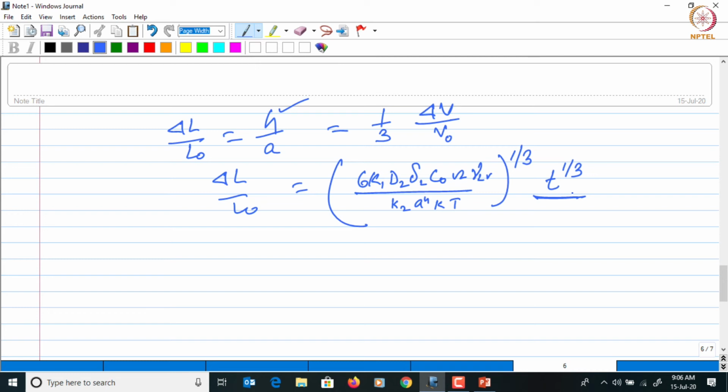So that's the densification, which is basically given by shrinkage. So densification in this mechanism varies with 1/3 power of the sintering time. And you can also see that the densification is inversely proportional to the 4/3 power of the particle size.